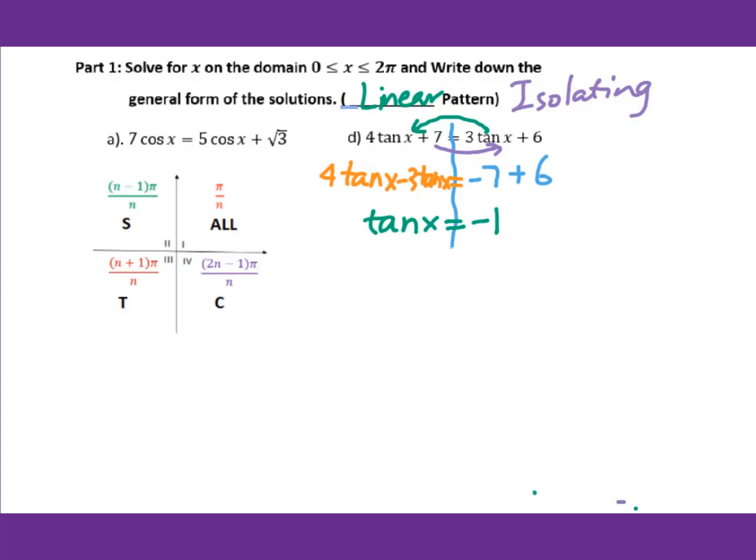After this, remember we're looking for the reference angle. That's pi over 4. So use the diagram. For tangent x equals -1, this is a negative number, so less than 0. For tangent negative, let's go to the second quadrant and fourth quadrant.